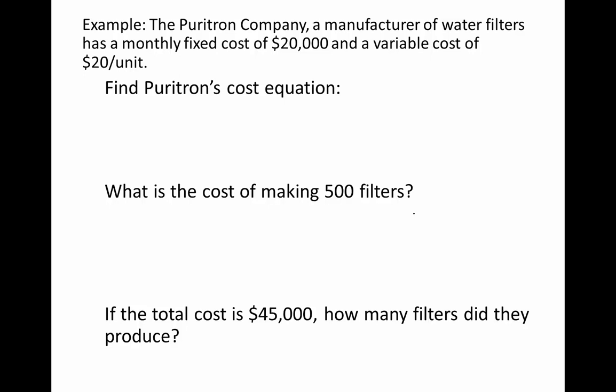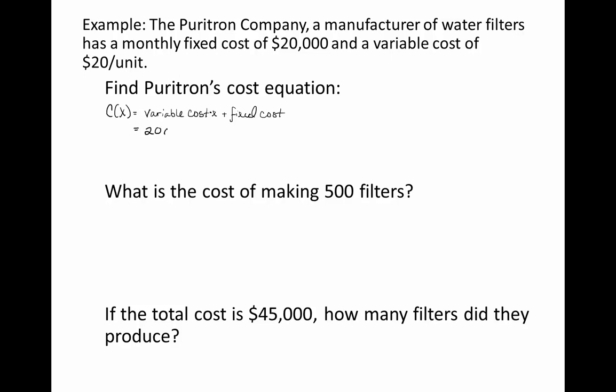So the assumption is the following when we're starting off this example: we have a company called the Puritron Company, which manufactures water filters. The monthly fixed cost is $20,000, and the production cost or variable cost is $20 per unit. The company sells each water filter for $30 per unit.